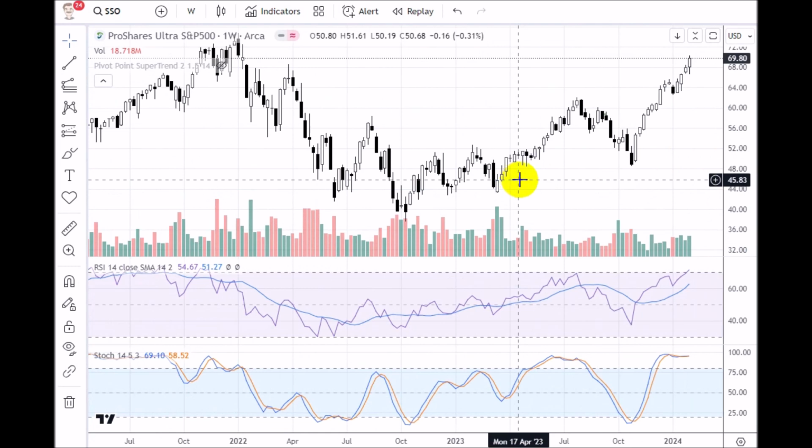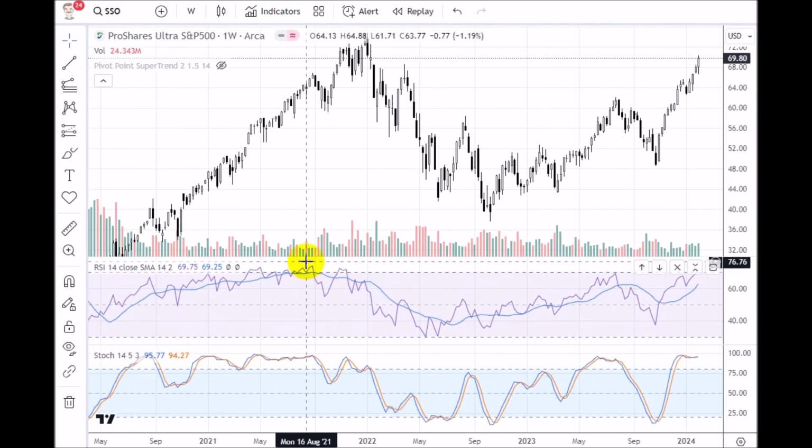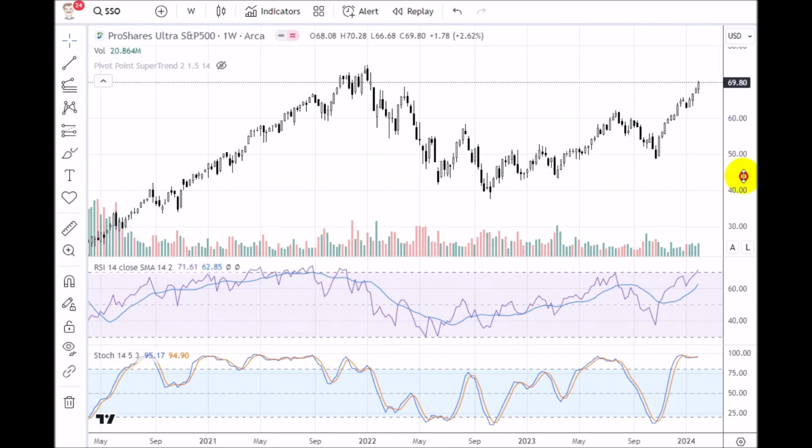Now let's go through some examples so you can see what I'm talking about. So here we have a weekly SSO chart. I wanted to start with something that provided very clear transitioning. We'll shrink it down a little bit, and these occur over and over again.